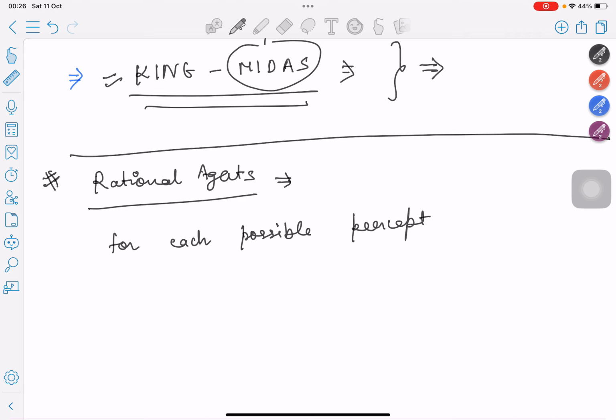For each possible percept sequence, a rational agent should select an action that is expected to maximize its performance measure.